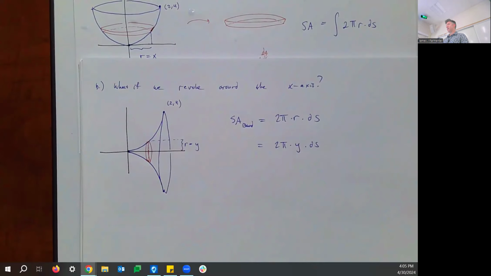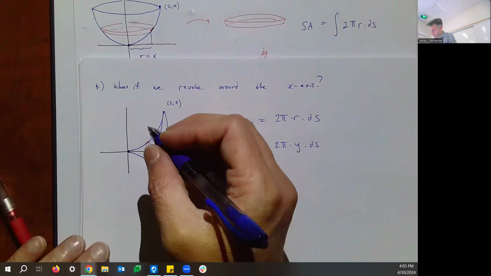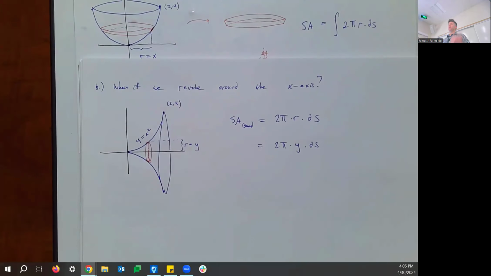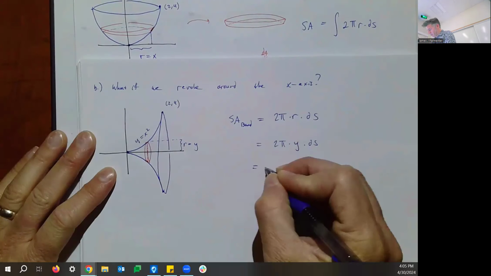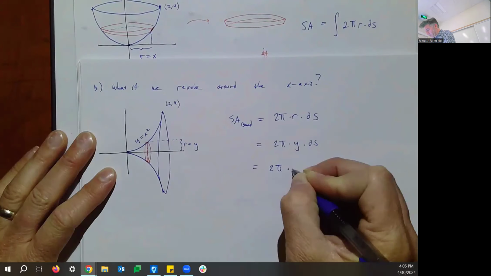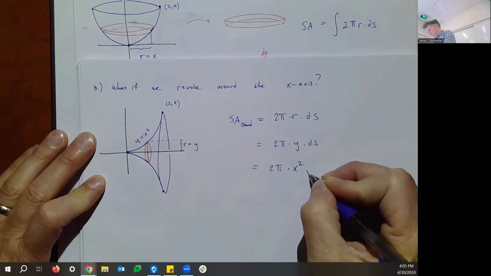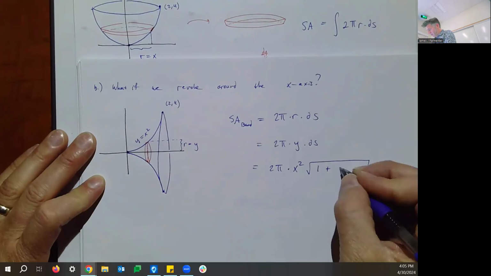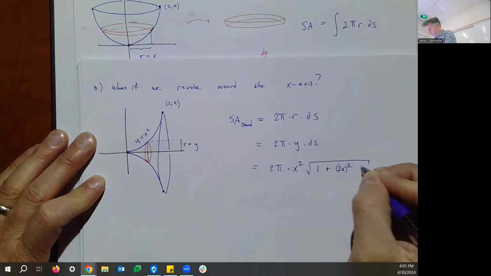But I know what y is in terms of x, right? This function is y equal to x squared. And if I want to just keep things in terms of x, I can by saying, well, the radius is y, and y is equal to x squared. So the surface area of my band is actually going to be 2 pi times x squared. And then I'll use the x version of ds, which is the square root of 1 plus the derivative squared.